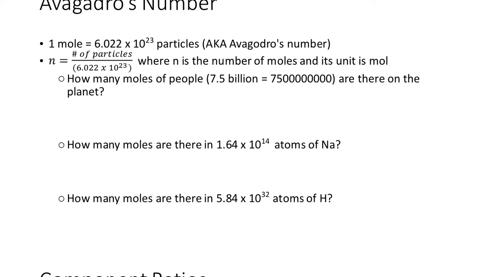So how many moles of people are there? n is equal to the number of particles over Avogadro's number, which will be 7.5 billion, that's 1, 2, 3, 4, 5, 6, 7, 8 zeros, over Avogadro's number.